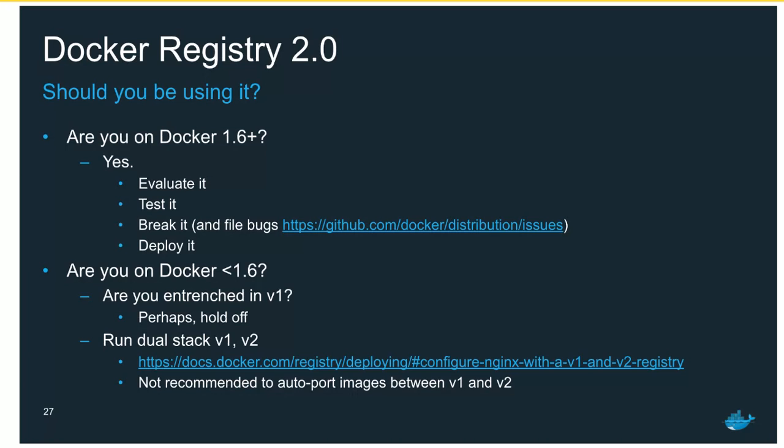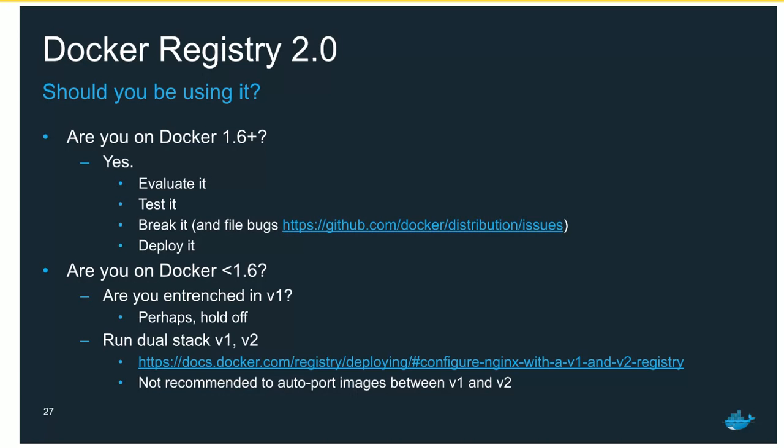Evaluate it, test it, break it, let us know about bugs, and go ahead and deploy it, and you should be okay. We've been running it in production for several months now without issues, and it's fairly stable for the age of software that it is.